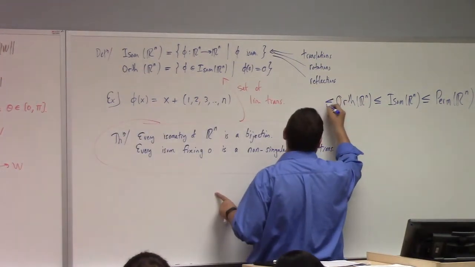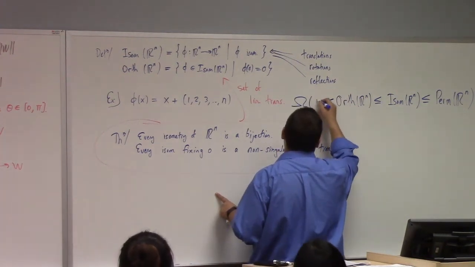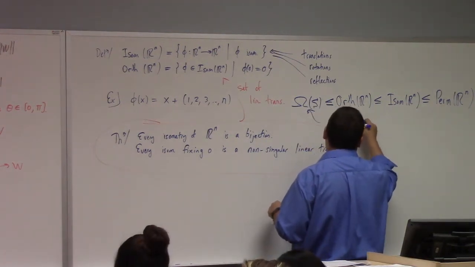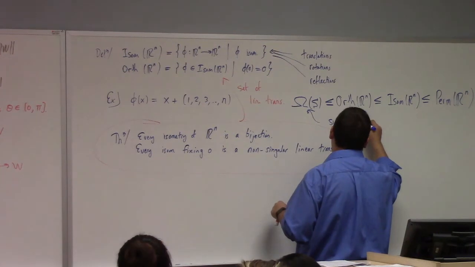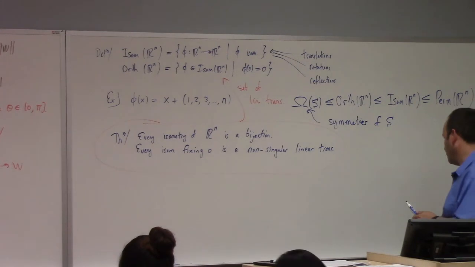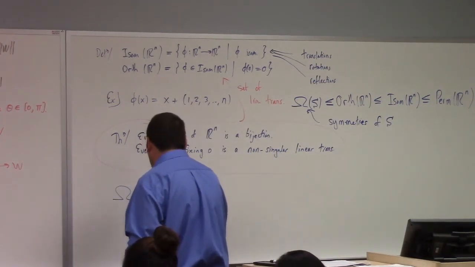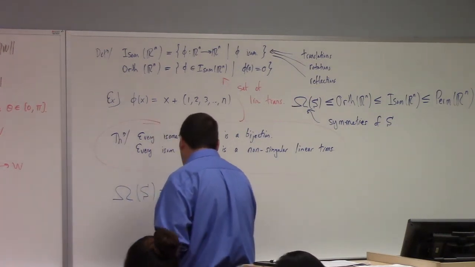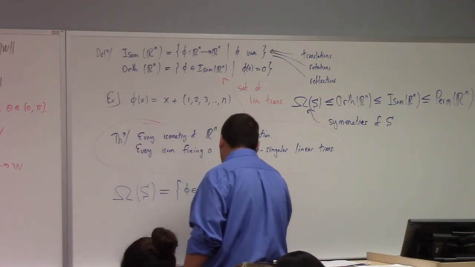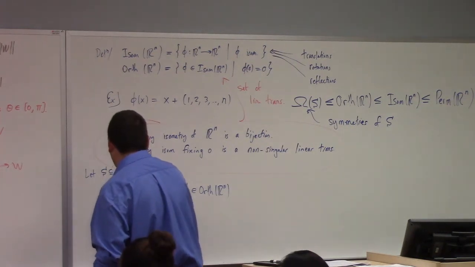Below this, you have subsets of Rn, and we call omega of S the so-called symmetries of S. What is this symmetry group? Let S be a subset of Rn.